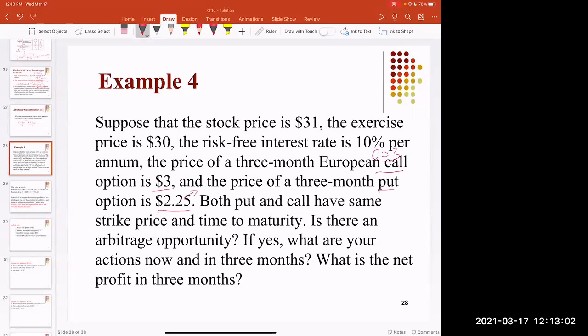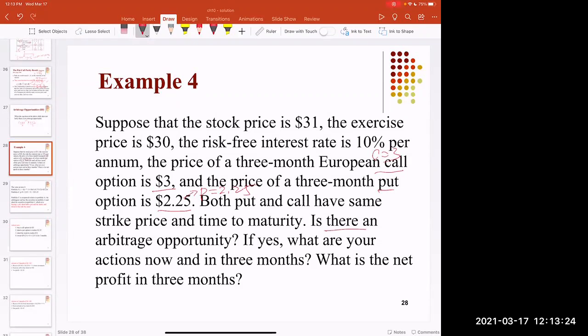So C and P are both given. You can calculate portfolio A and portfolio C at time 0 separately and then compare them, right? Both put and call have the same strike price and time to maturity. Is there an arbitrage opportunity?